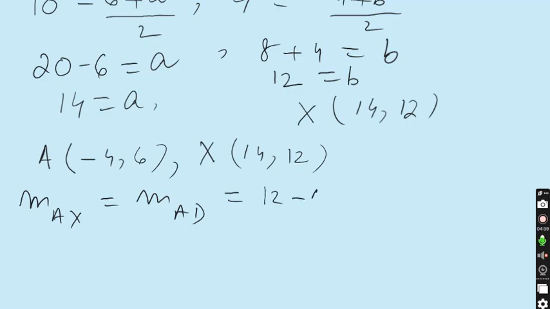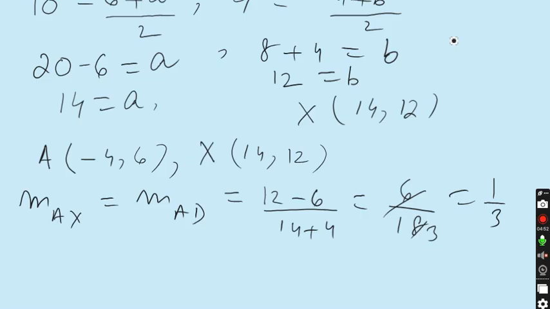So y2 minus y1 over x2 minus x1: 12 minus 6 is 6, and the denominator gives 18. So the gradient is 1 upon 3. Now the coordinates of A are (-4, 6).